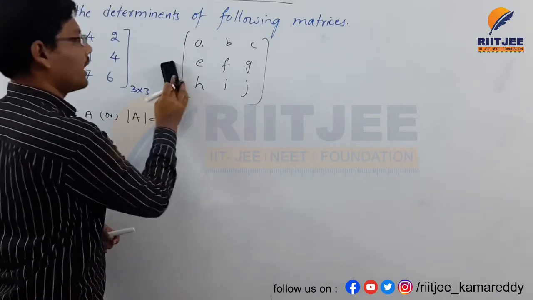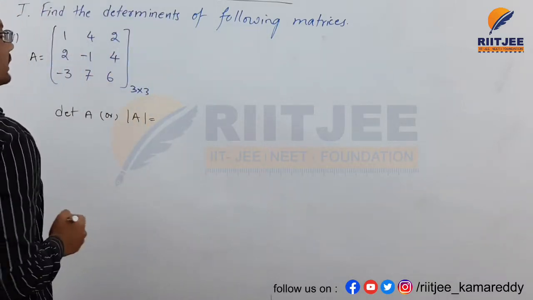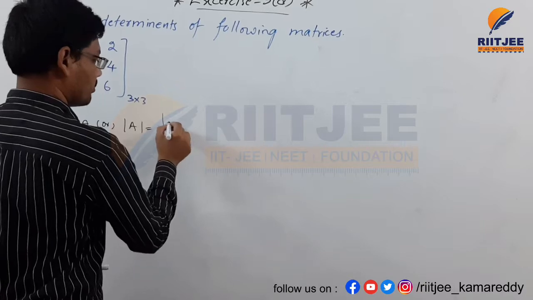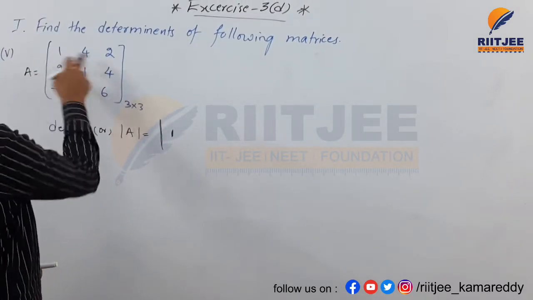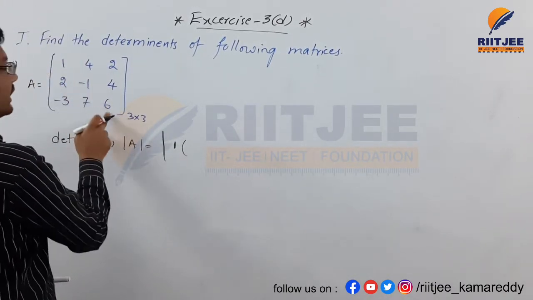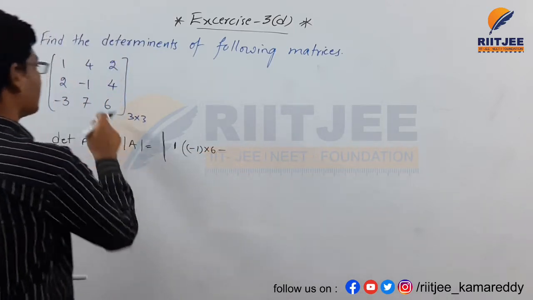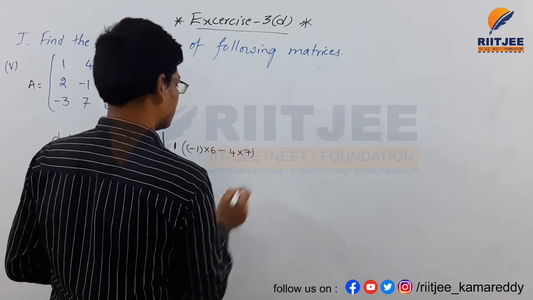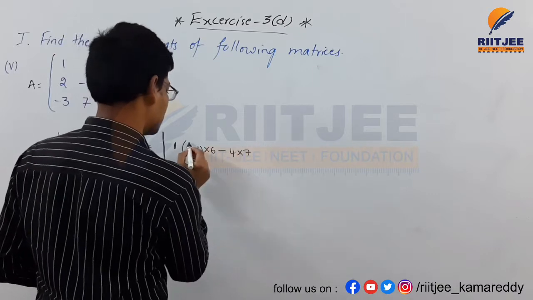I am erasing this one here, and we need to find the determinant. The determinant is first the modulus of A11: eliminate the row and column which is having 1 here, 1 into (minus 1 into 6, minus 4 into 7). This is the total bracket of this one.